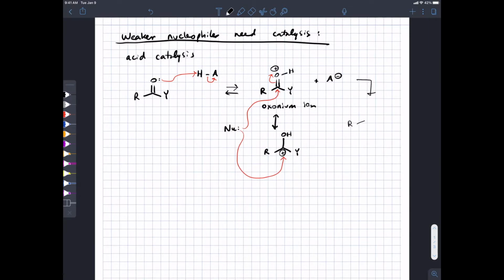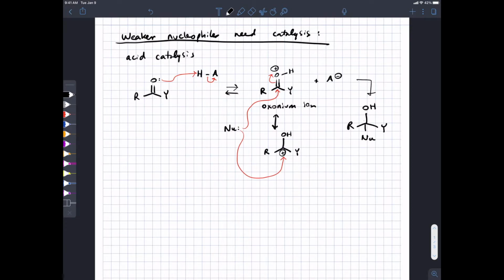And then notice that we get a tetrahedral intermediate. Only this time, the tetrahedral intermediate is not negatively charged. Why? Because we've already protonated the oxygen prior to attack. Okay, questions so far?